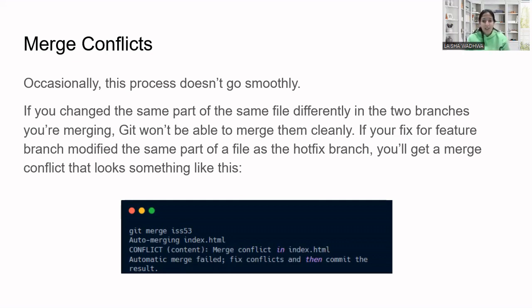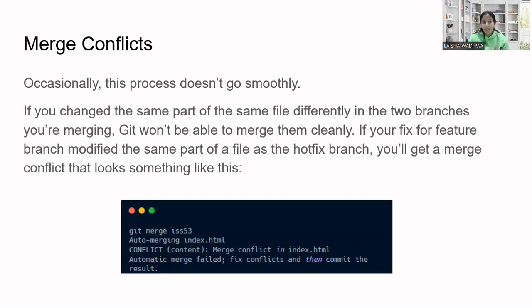So let's say that I have a branch called ISS 53. Like, this is something which you would see in a lot of different practical use cases. Like, we create issues like a bug fix, we give it some number, and then that's what this branch looks like. So naturally, here we see that there is a merge conflict in our hotfix branch, right?